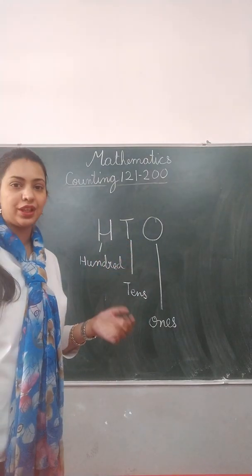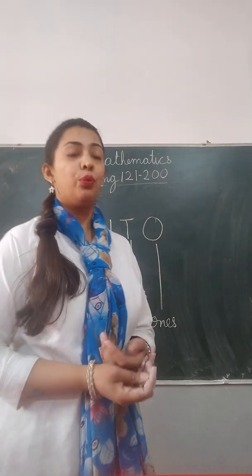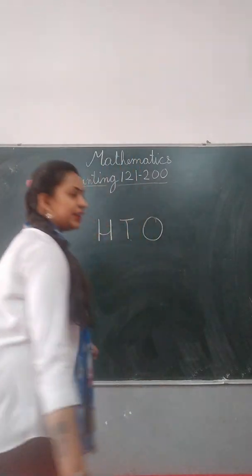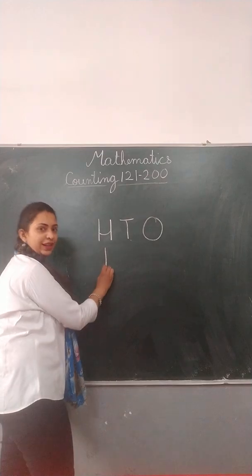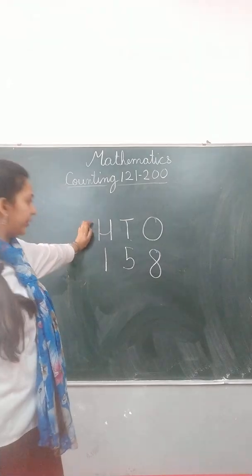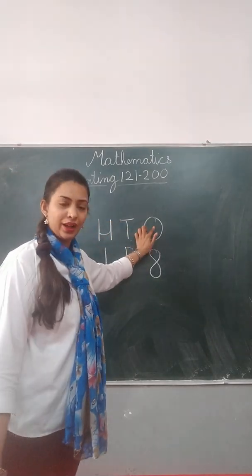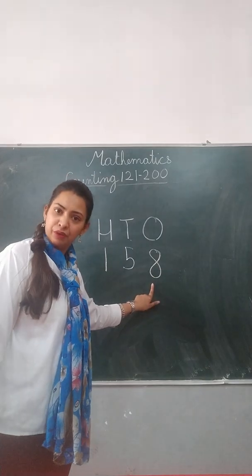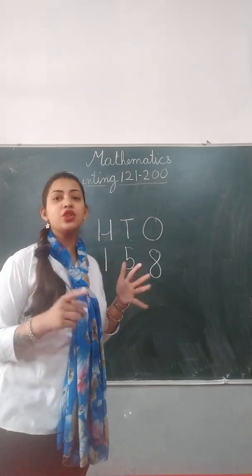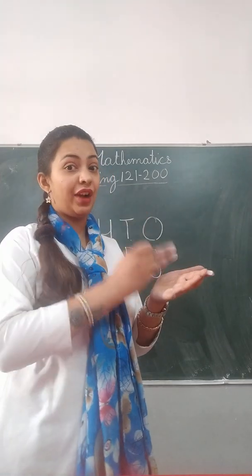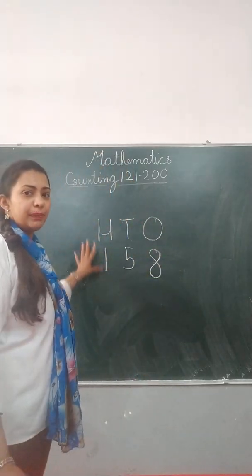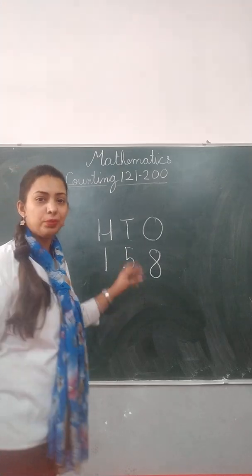If I have to tell you about a number like 158, I write my 1 under 100, then 5 under tens and 8 under ones. That means the place value of 8 is ones and the place value of 1 is 100. This helps us read the numbers. I hope this much is clear.